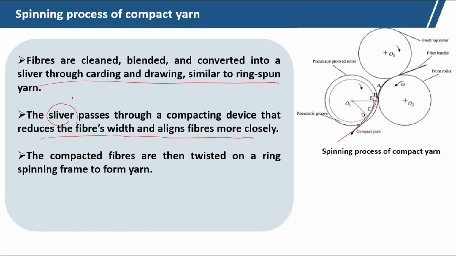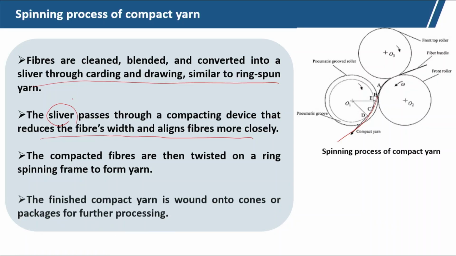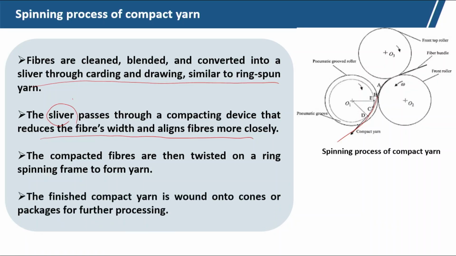Okay, the drafted web is actually aligned. The compacted fibers are then twisted in ring spinning. The finished compact yarn is wound onto a cone package. So, this is the normal process, but here the main compacting process is here.